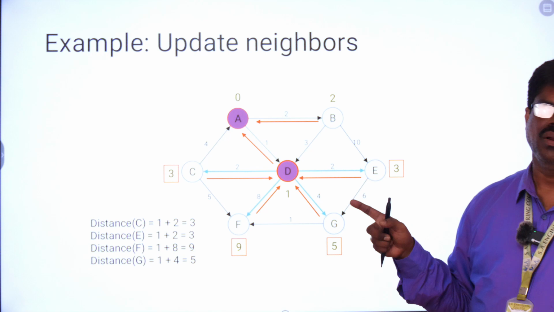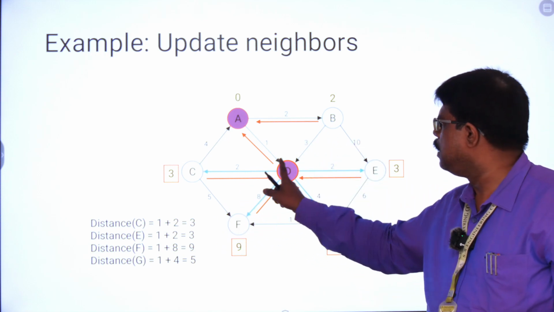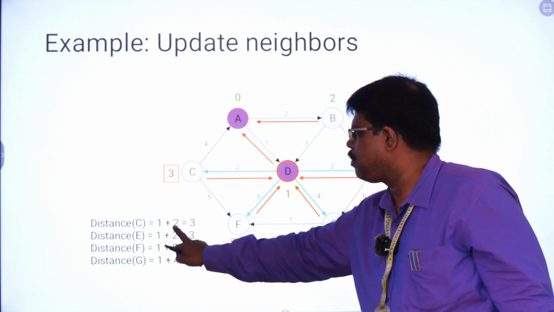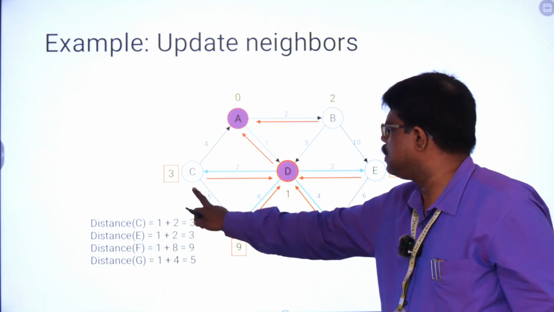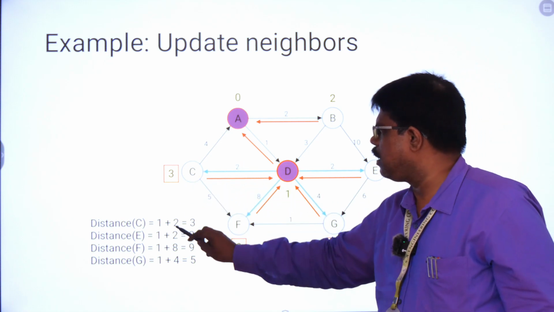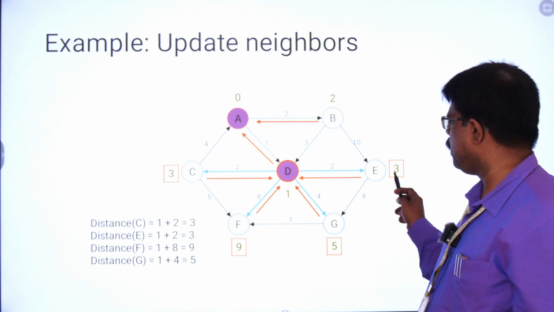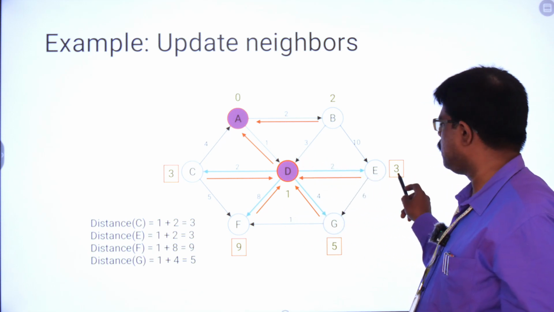Update the neighboring nodes. So based upon this algorithm, you can calculate the distance of C. C is calculated based upon the minimum distance 1. 1 plus 2 is 3, so C equal to 3. That is the distance of C. Next, you can calculate the distance of E based upon the value of D. 1 plus 2, again 3.